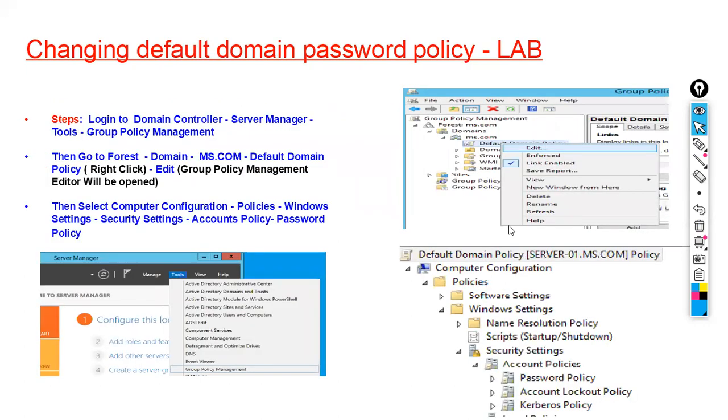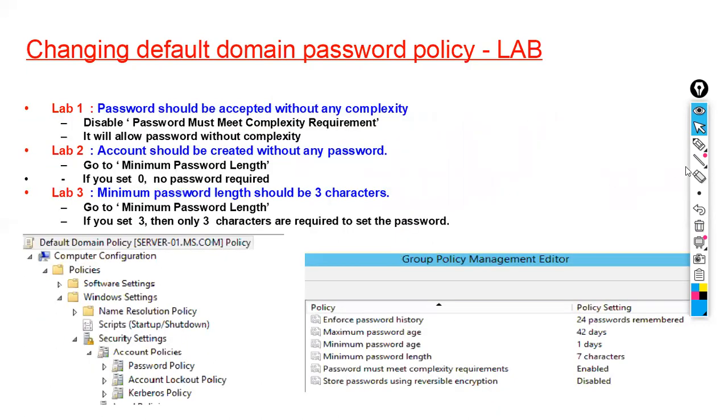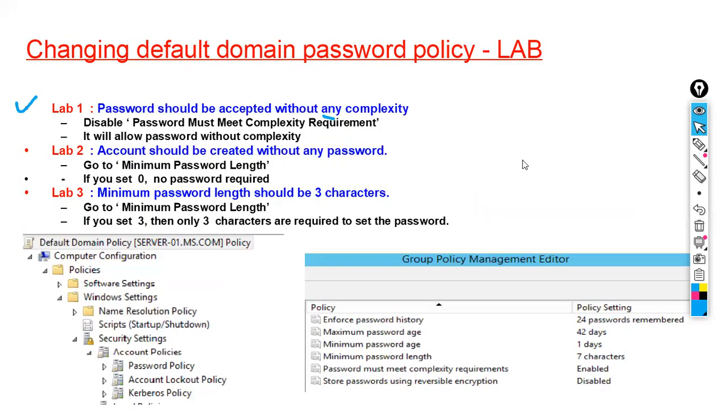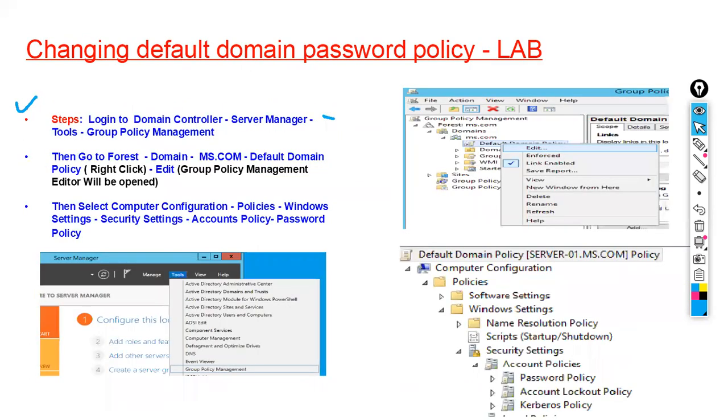Okay, guys. So let us see the first lab. The password should be accepted without any complexity. So you will go to the group policy. I will show you how to reach it.